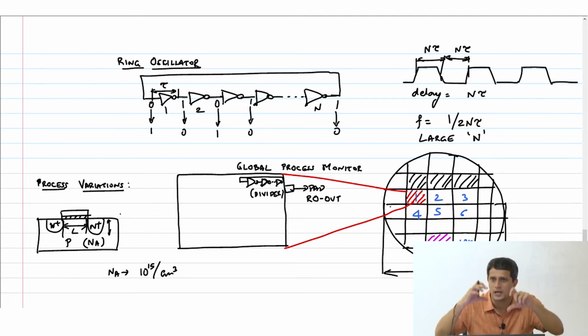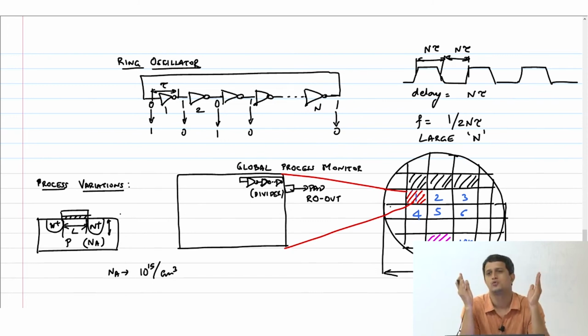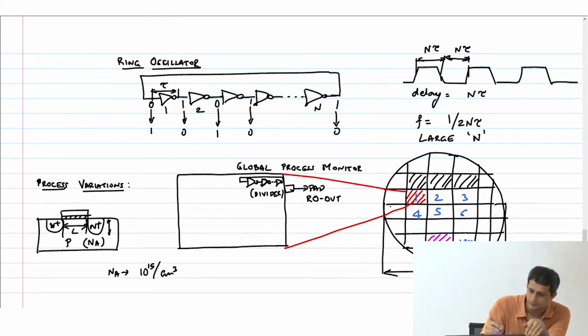I have to deplete the channel more and all that stuff, right? So when you start making the channel smaller and smaller, you also have this effect of random dopant fluctuation. So one is litho changes.